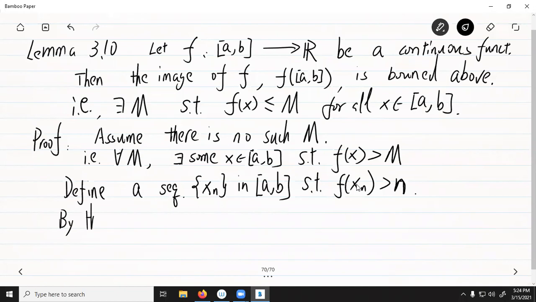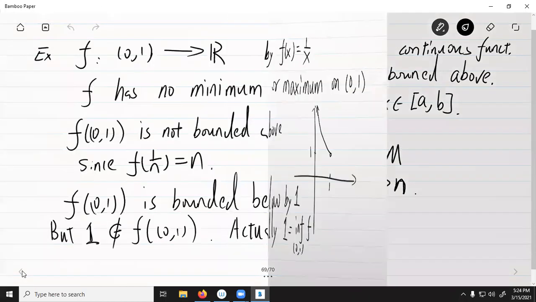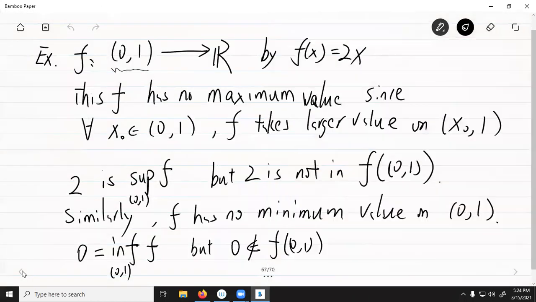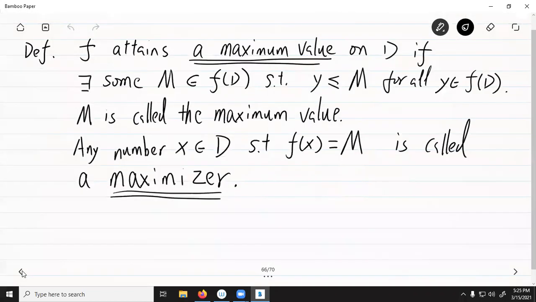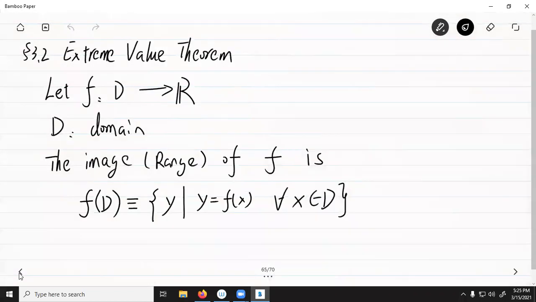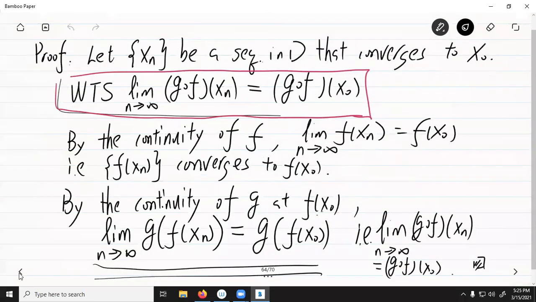By the sequential compactness theorem, what is it? Let's check, this helps to remind you.